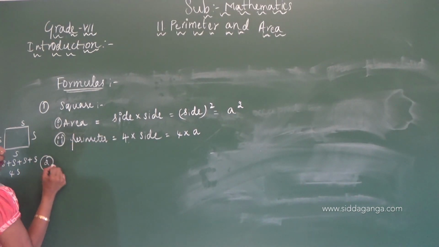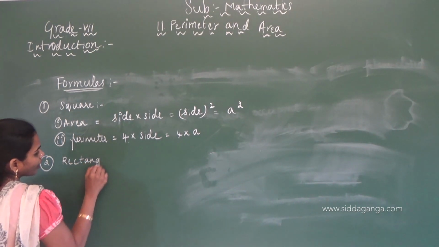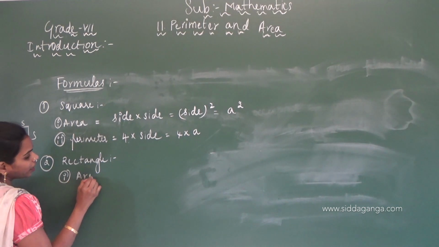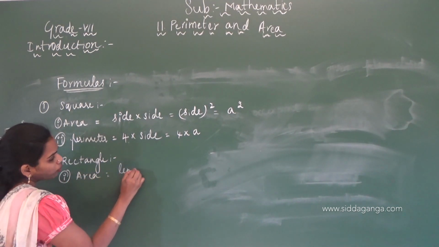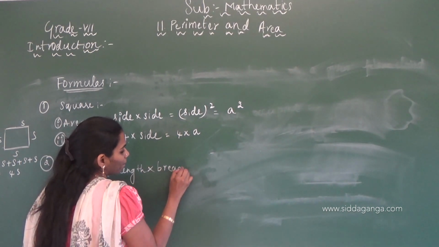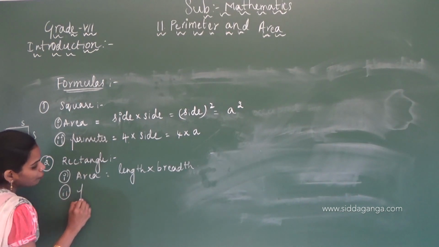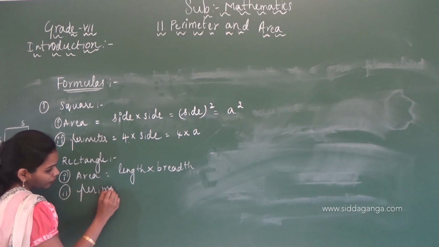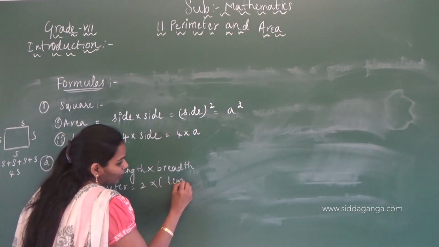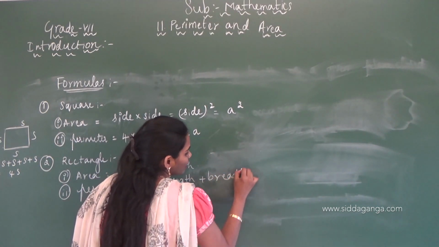And then in the case of a rectangle, what is the area of a rectangle? Length into breadth. What is the perimeter of a rectangle? 2 into length plus breadth.